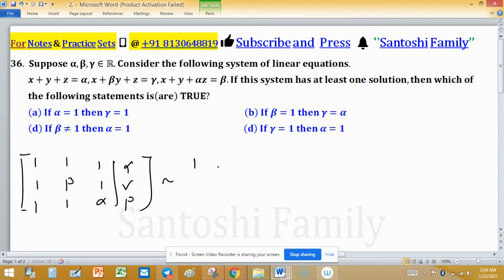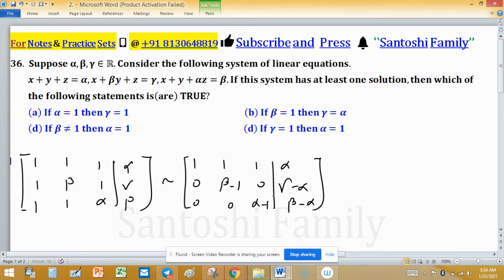It will be 1 1 1 alpha, 0 beta minus 1, 0 gamma minus alpha, and 0 0 alpha minus 1 and beta minus alpha. This is the equivalent matrix after elementary row operations.